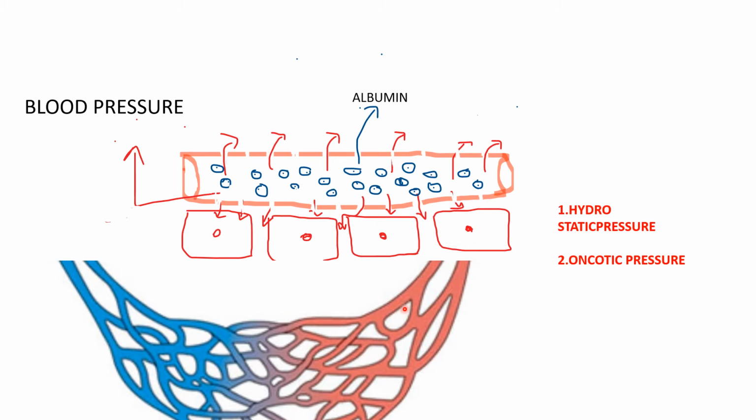What do we mean by arterial end? As I told you before, in the circulation there is first the aorta, then it branches into arteries, then arterioles, then arterial capillaries. This happens at the arterial end. What happens after it reaches the cells?